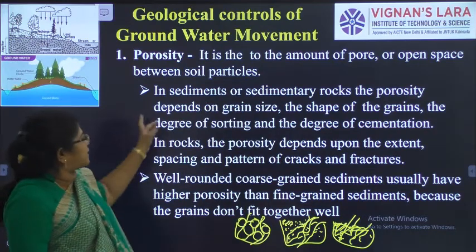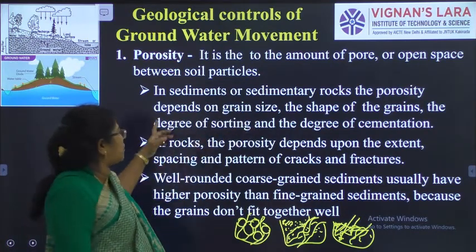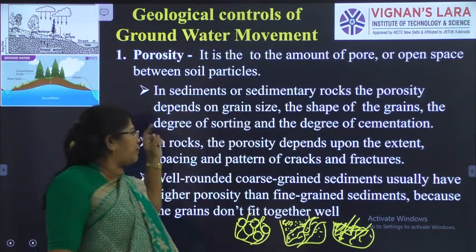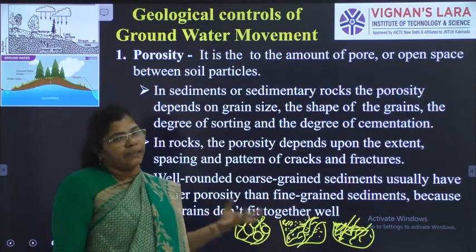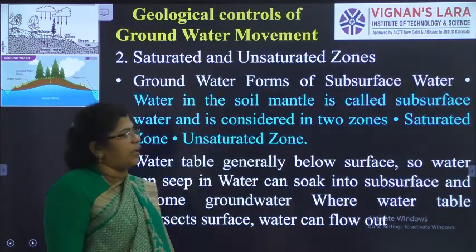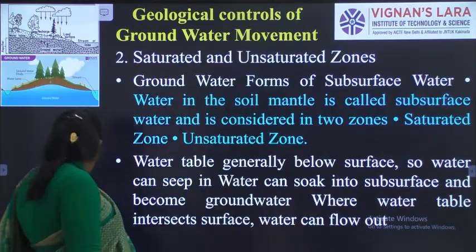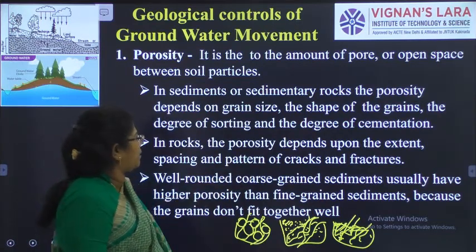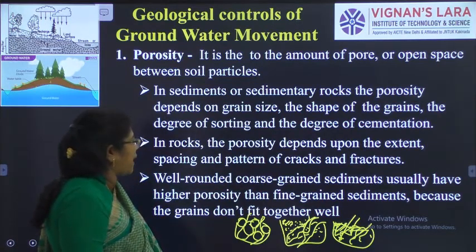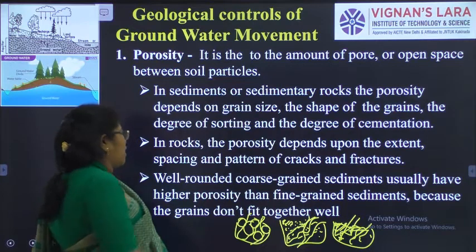Similarly, in sediments or sedimentary rocks, the porosity depends on the grain size and shape of the grains, the degree of sorting and the degree of cementation. Cementation, how hard the soil is, determines the porosity. In rocks, the porosity depends upon the extent, spacing and pattern of cracks and fractures.